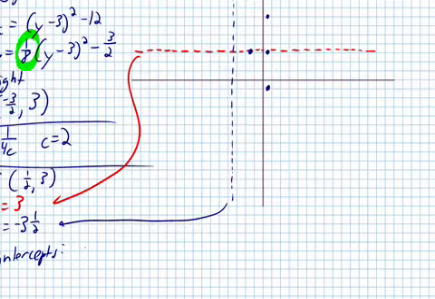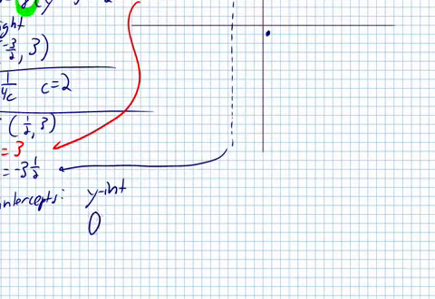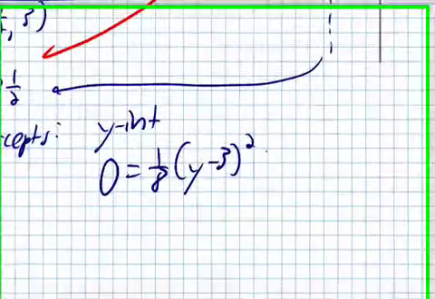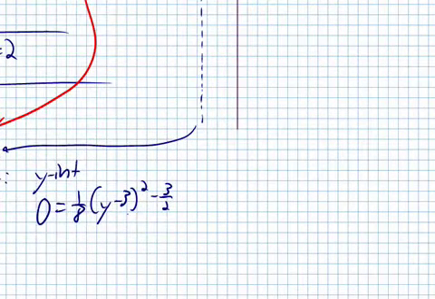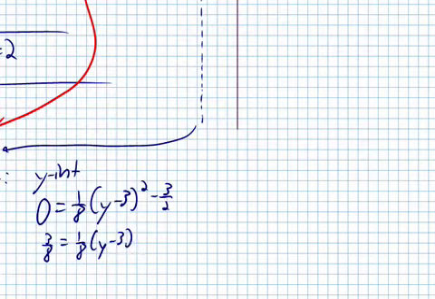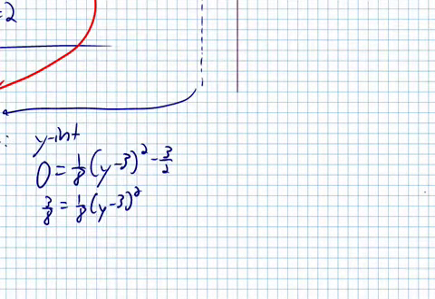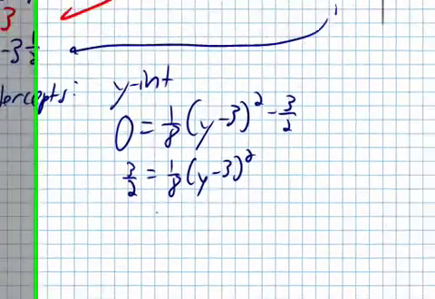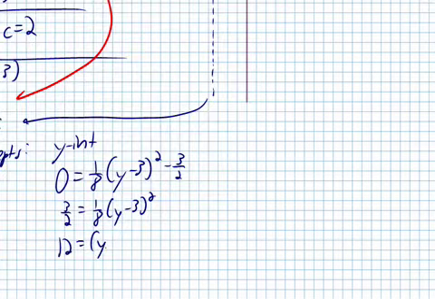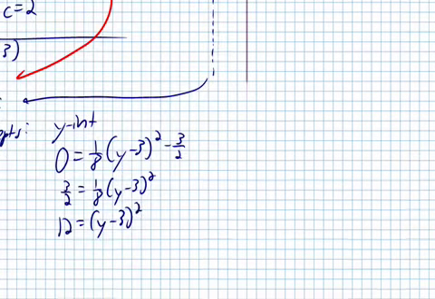Now, we want the y-intercepts, so we're going to substitute 0 in for x. 0 is equal to 1/8 (y minus 3) squared minus 3 halves. If we move the 3 halves over, multiply both sides by an 8, you get 12 is equal to (y minus 3) squared.